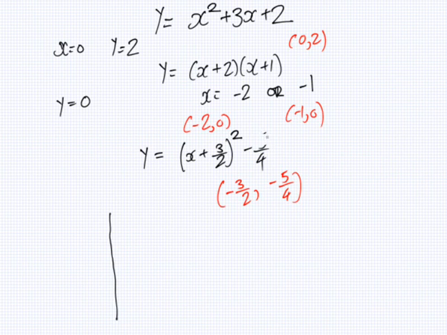So here we have y equals 2(x² + 16x + 137/2). So y equals 2((x + 8)² + 137/2 - 64). So 137/2 minus 64 is 9/2.